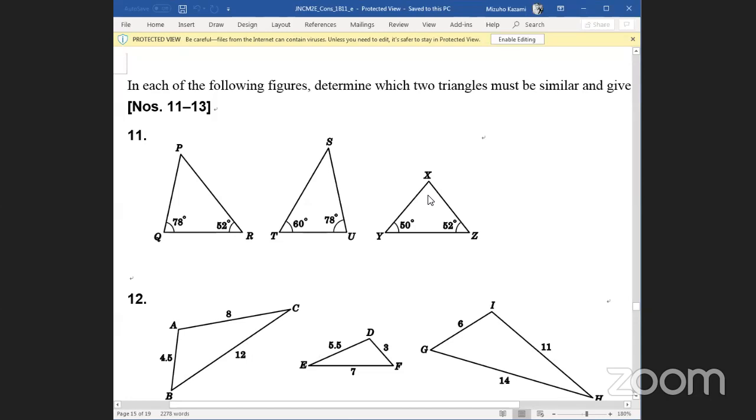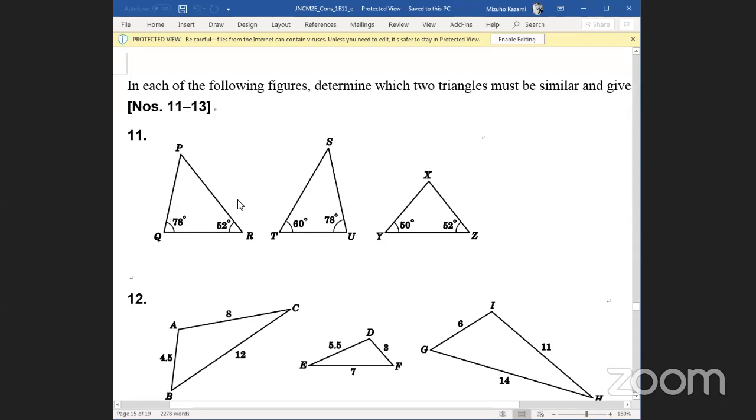Now, for this one, if you look at these three triangles, some information is missing. Therefore, I prefer you to first find the missing information for the triangle. When you look at all these three triangles, it is very clear that there's no information about the length.